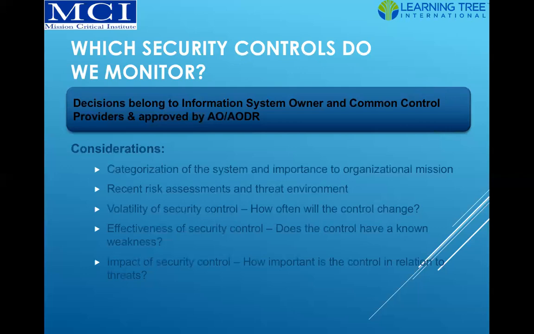Considerations for this are the categorization of the system and importance to organizational mission, recent risk assessments and threat environment, volatility of security control, and how often will the control change, effectiveness of security control, does the control have a known weakness, and impact of security control, how important is the control in relation to threats.